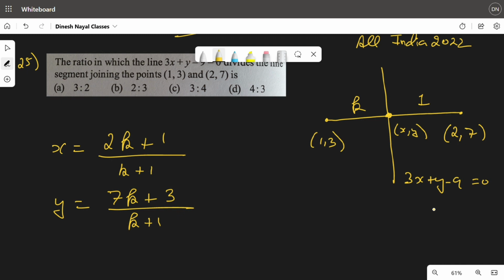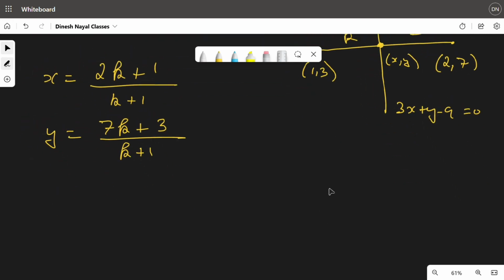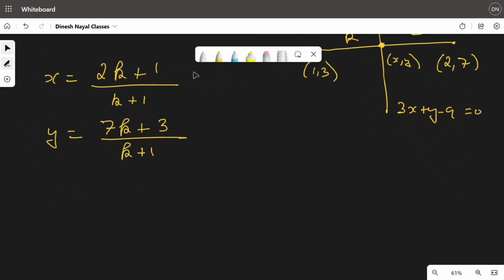Now we have been given the line. We know that this point lies on this line. So we substitute the values of x and y in this line. The equation of the line is 3x plus y minus 9 equal to 0.